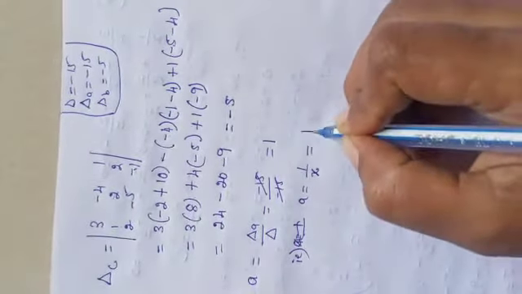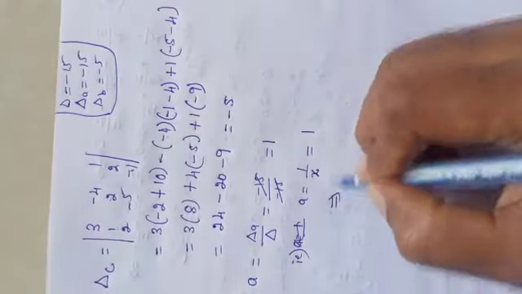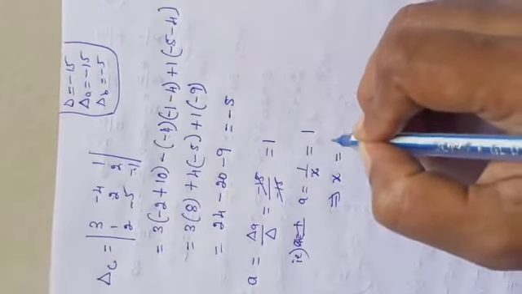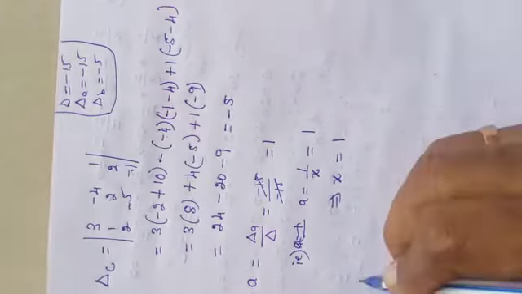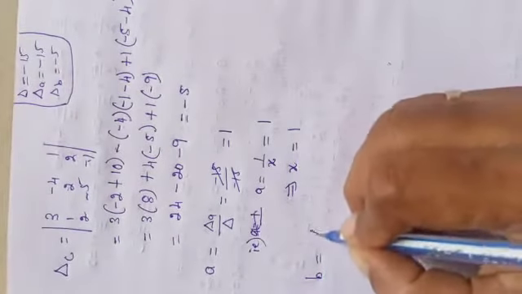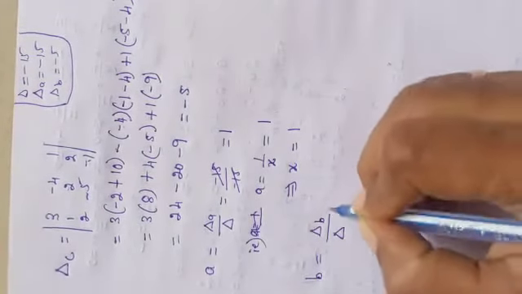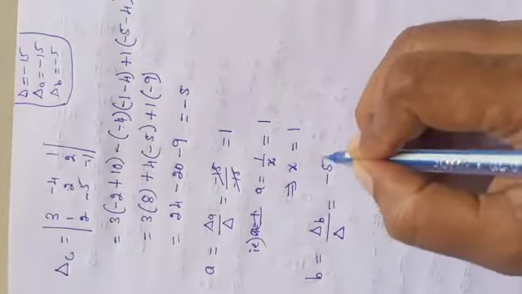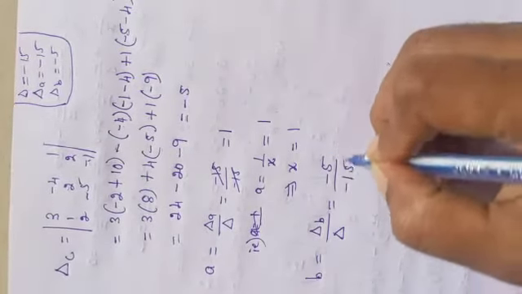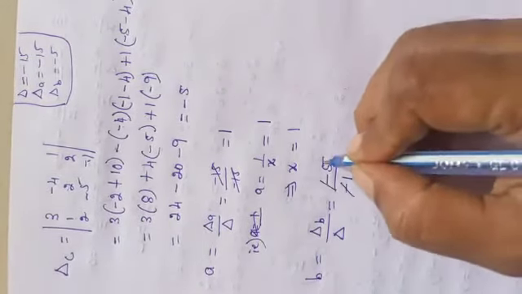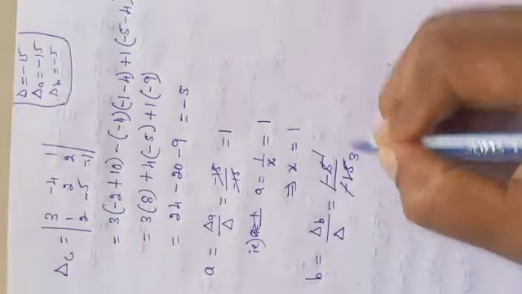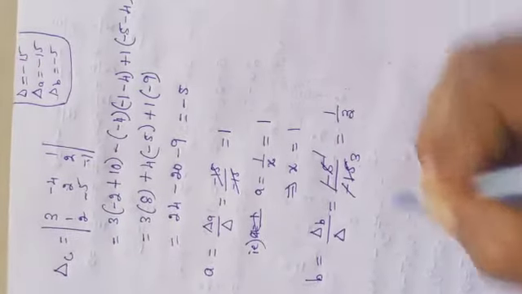We have got that answer equal to 1, isn't it? So when we take the reciprocal, x also we will be getting, which is equal to 1. Now B is equal to delta B by delta. Delta B we got minus 5, but delta we got minus 15. Minus and minus will get cancelled. 1 by 3. Our answer is 1 by 3.